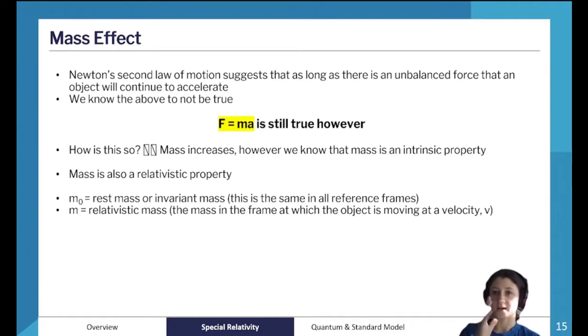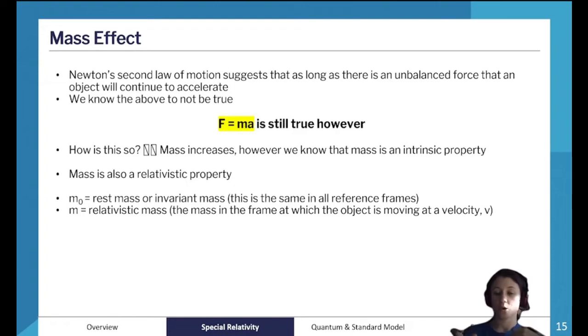Sorry, my mistake. Other way around. So m is the relativistic mass, and this is the mass in the frame at which the object is moving at a velocity v. So think about it like this. If you have a particle whizzing around a room, and there is, like, a scientist watching the particle, they would be seeing m, relativistic mass, because that's the mass in the frame at which the object is moving. All right, they see the object moving.